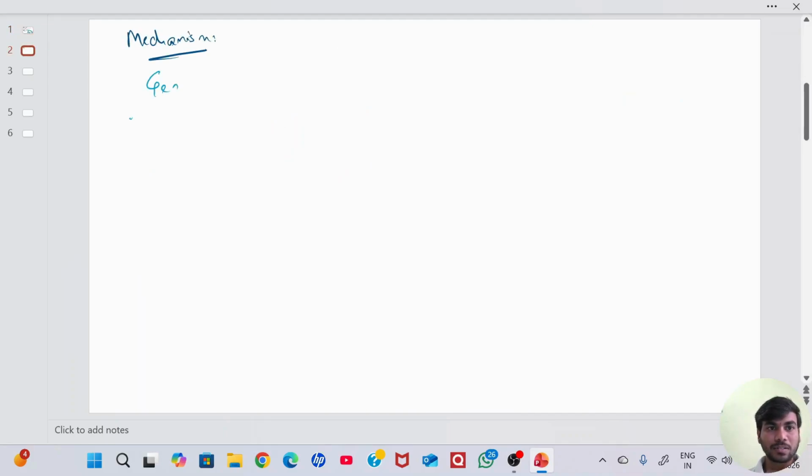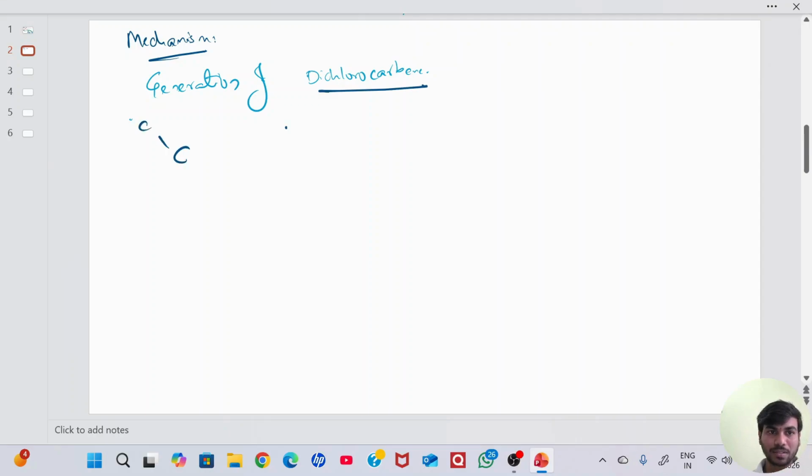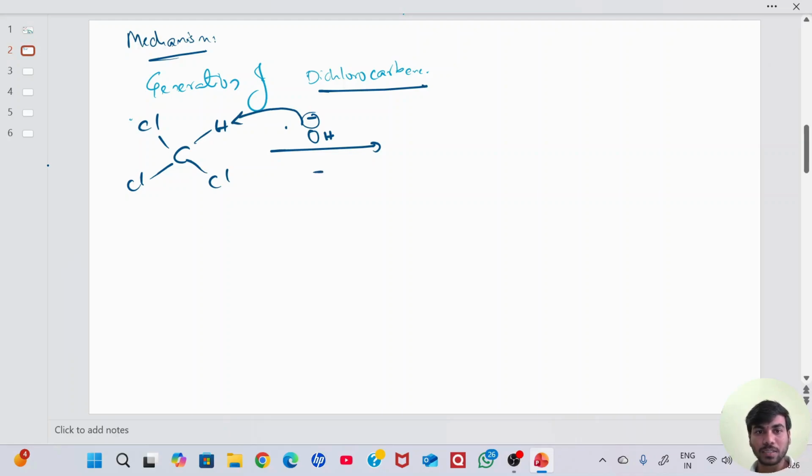the first step involves generation of dichlorocarbene. So see, consider this as a chloroform molecule, and when this chloroform molecule is initially attacked by the hydroxy moiety, it abstracts the proton from trichloromethane and it is eliminated as a water molecule, and you are left with CCl3 minus.